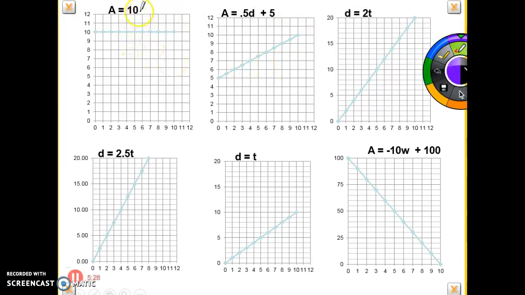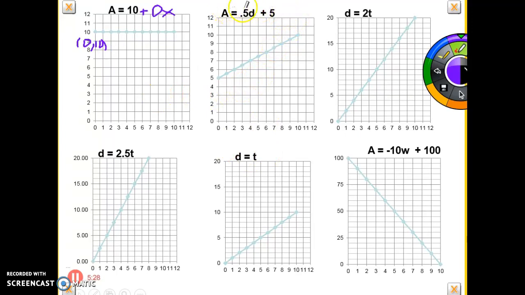If we had the independent variable there, which is x, we would have to multiply it by 0. That makes the coefficient of x, or the constant rate of change of x, 0. That's why it's a flat line. Again, the number added on is 10, which is the y-intercept, the place where the line crosses the y-axis, which is 0, 10.